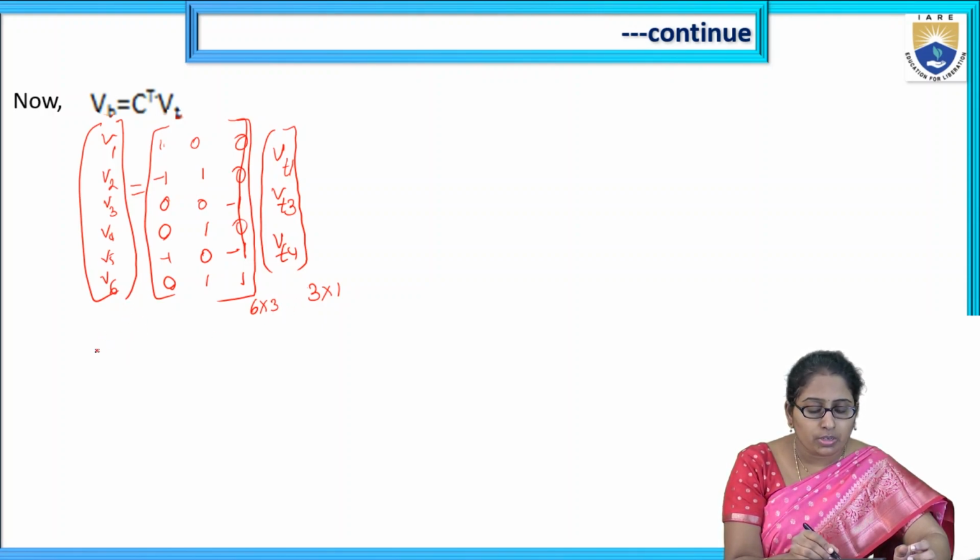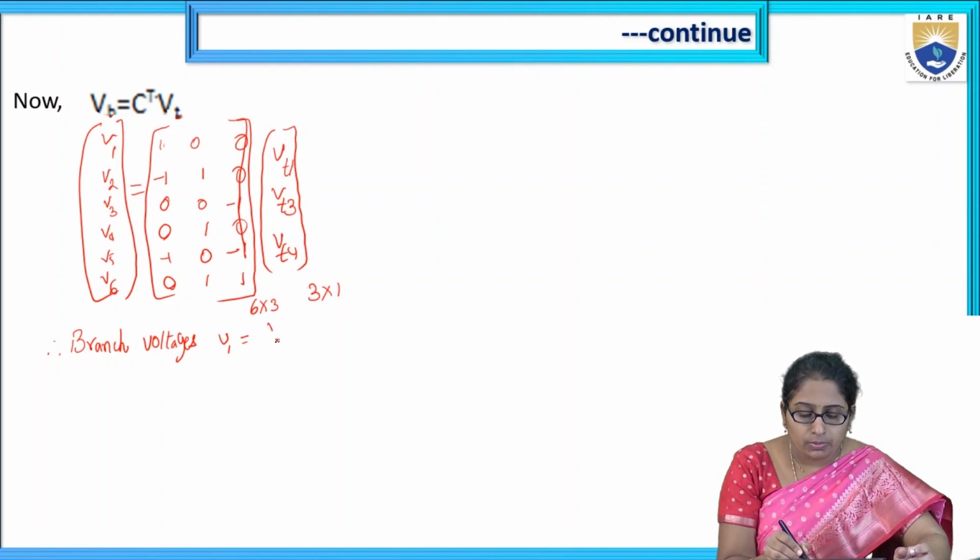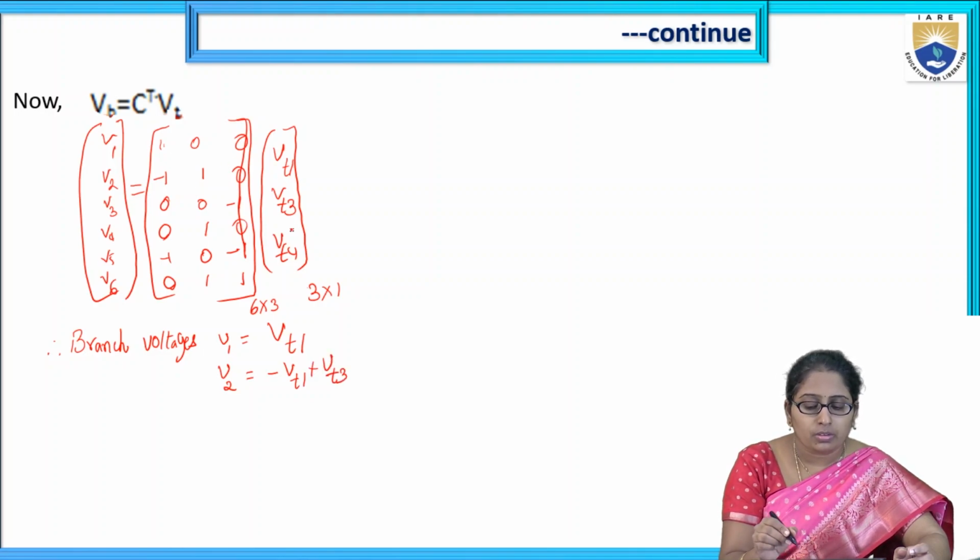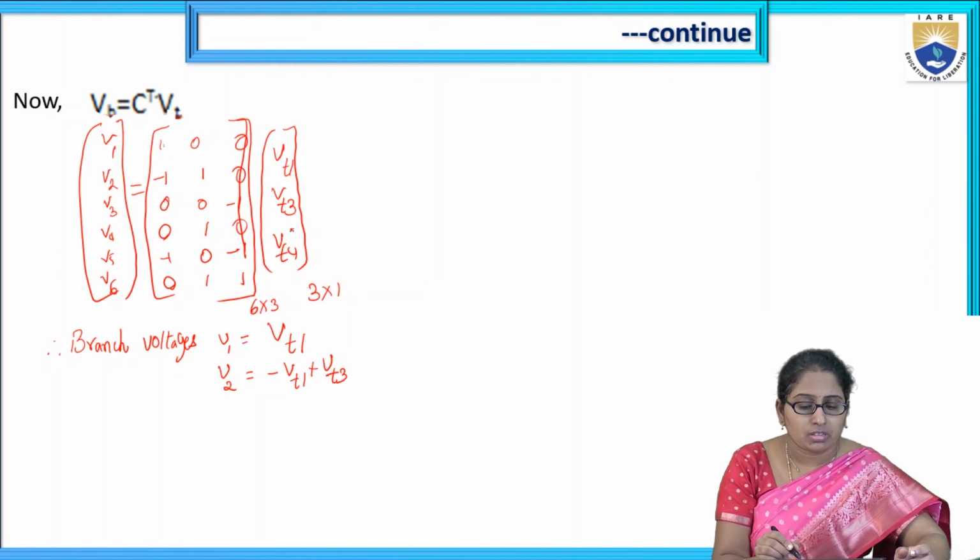What are the branch voltages? V1 is equal to, multiplying this matrix, VT1. Then branch voltage 2 is equal to minus VT1 plus VT3. Multiply the two matrices, C transpose by the 3 tree branch voltages.